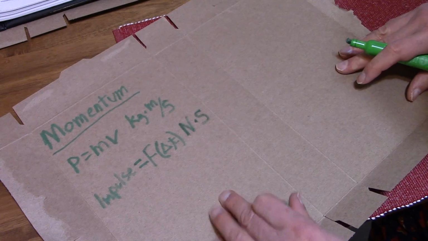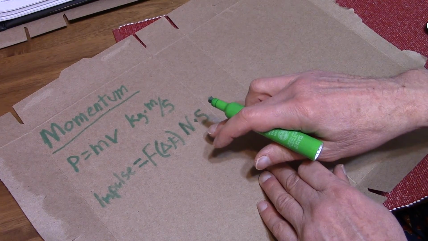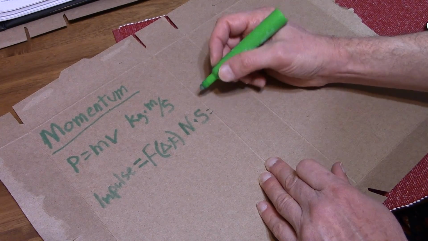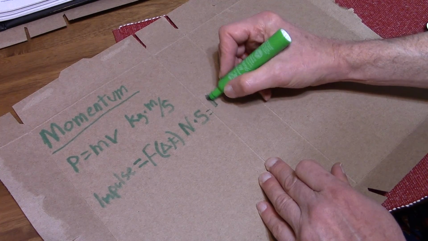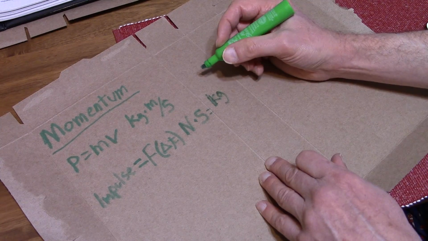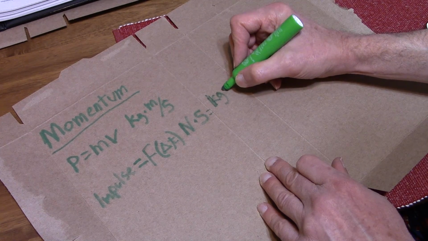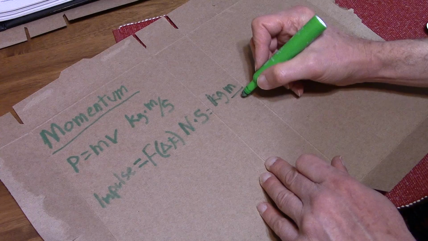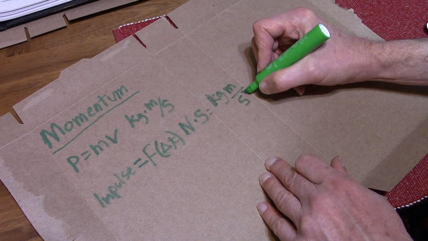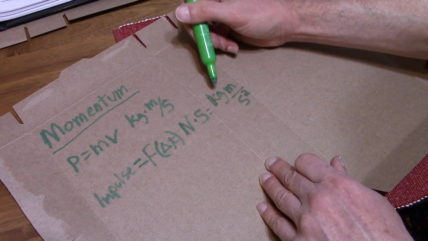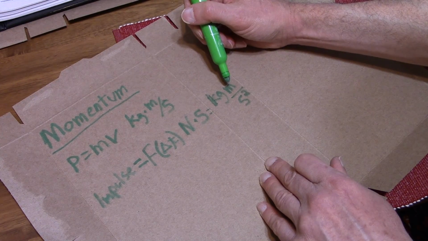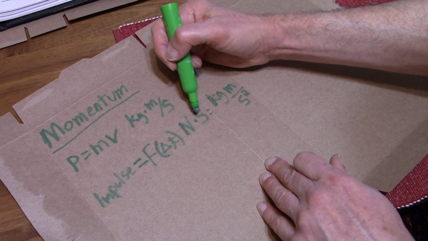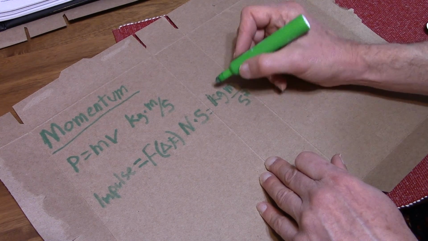And so that would work out to newton seconds, that is a kilogram meters per second squared, okay, because force is equal to mass times acceleration, so kilogram meters per second squared, and then times time, so times seconds.